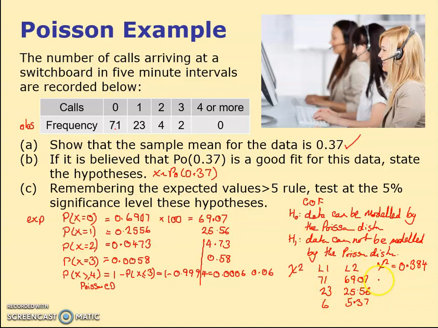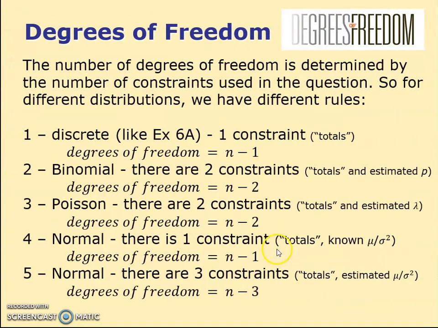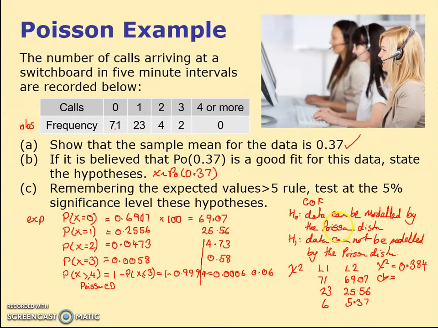So I now need to work out what the critical value is for this test. Obviously we've got 3 sets of data here, 3 categories if you like. With a Poisson distribution, if we go back to that, it says you do n minus 2, and that's because we have this lambda as well as the totals.